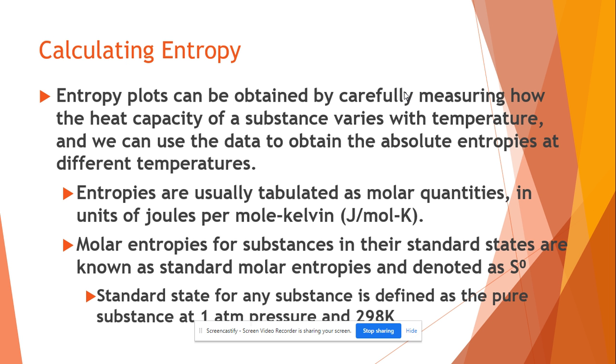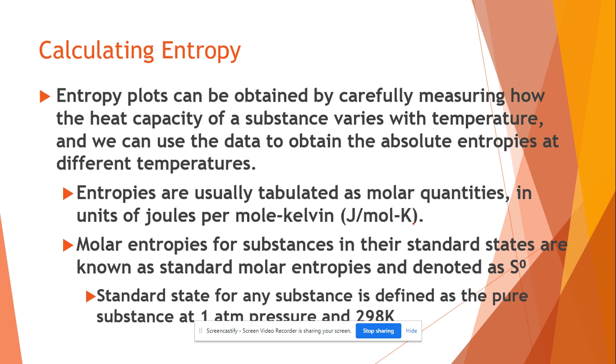Entropies are usually tabulated as molar quantities because molar is our SI unit for the amount of a substance. And so usually entropies, when we find the delta S value, are going to be given as joules per mole Kelvin instead of joules per Kelvin.